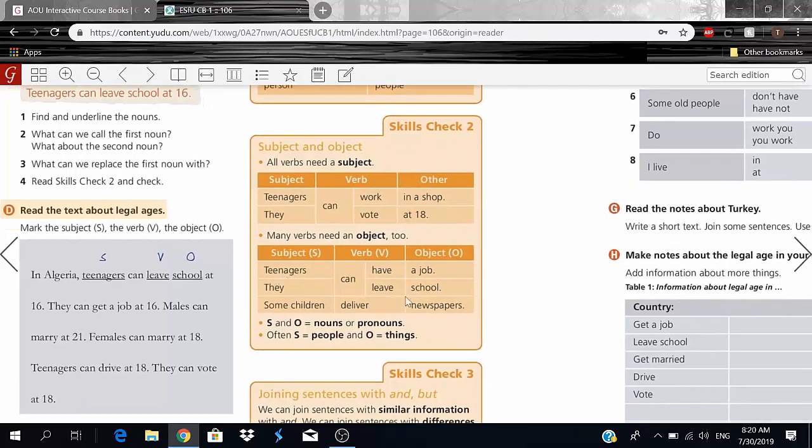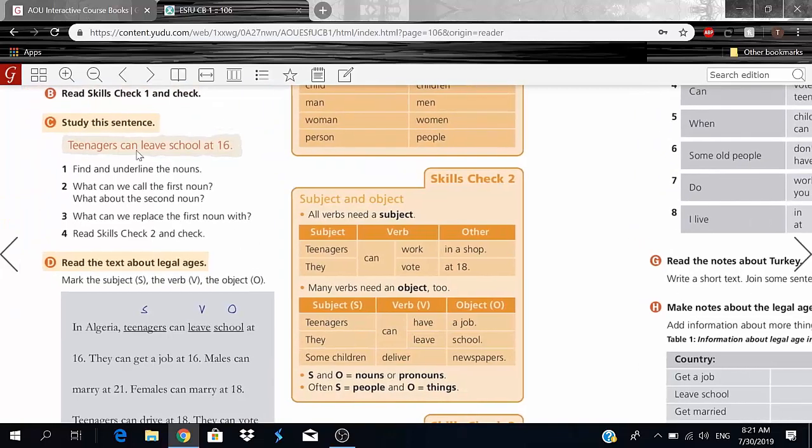And here it says subjects and objects can be nouns or pronouns. So it's not just nouns, by the way. It can be both nouns and pronouns. And often, not always, but often, the subjects are people. So for example, teenagers, adults, parents, you get the idea. And objects are things. And actually we have a good example here with our sentence.